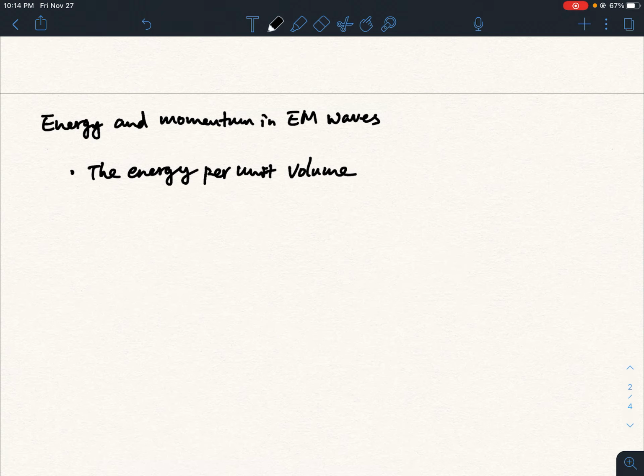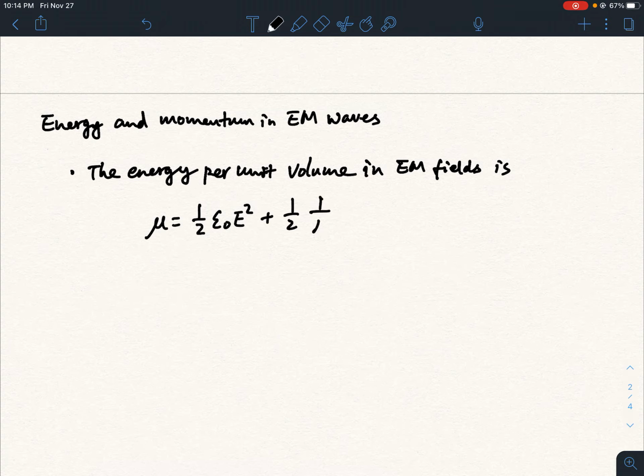The energy per unit volume in this electromagnetic field is 1/2 epsilon 0 E squared plus 1/2 1 over mu 0 B squared. This is the energy stored in the electric field, and this is the energy stored in the magnetic field.